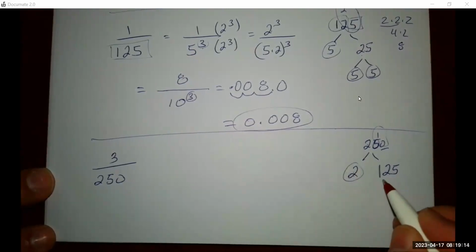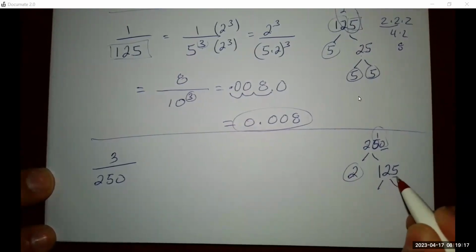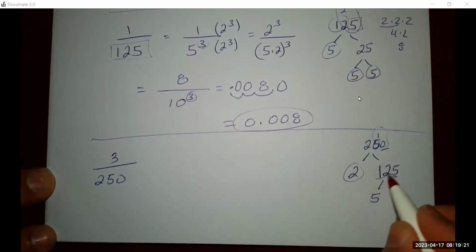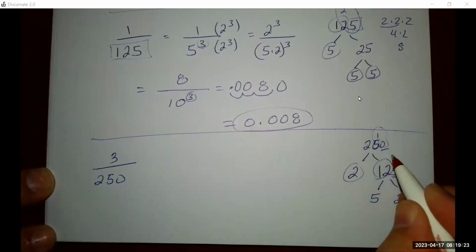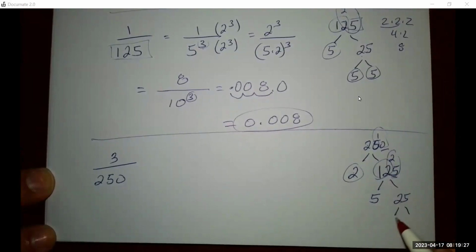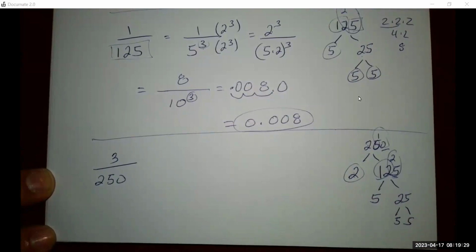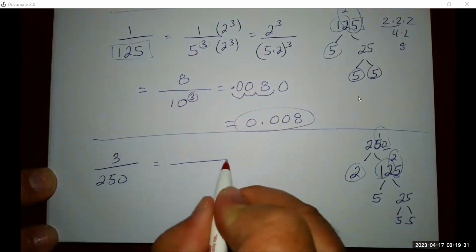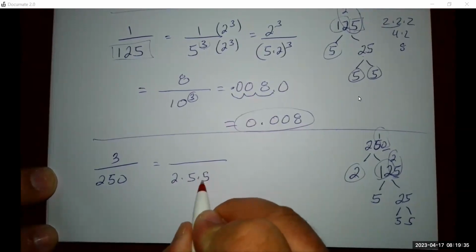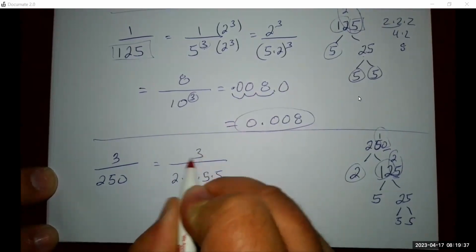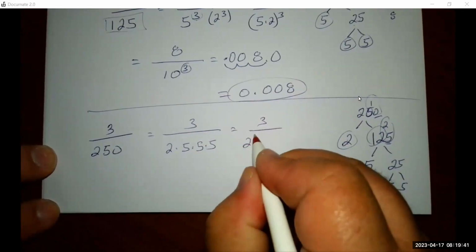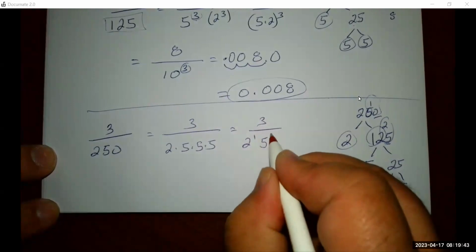So it has 1, 2. 125 ends in a 5, so we know 5 goes in there. 5 goes into 12 2 times with 2 left over. 5 and 25, 5. So the bottom is made up of 2 times 5 times 5 times 5, which is 2 to the first, 5 to the third.